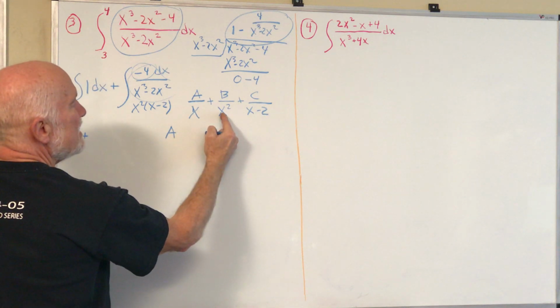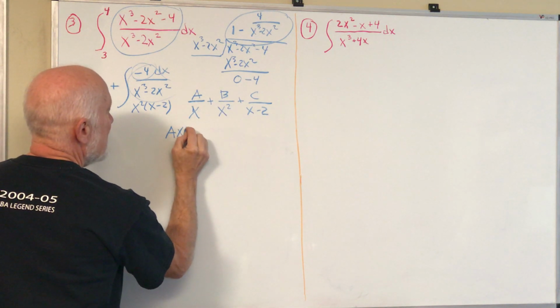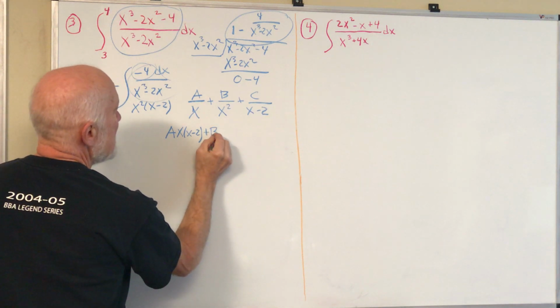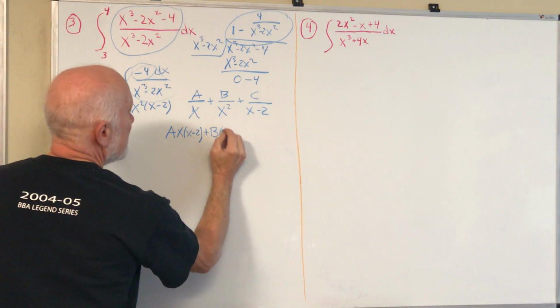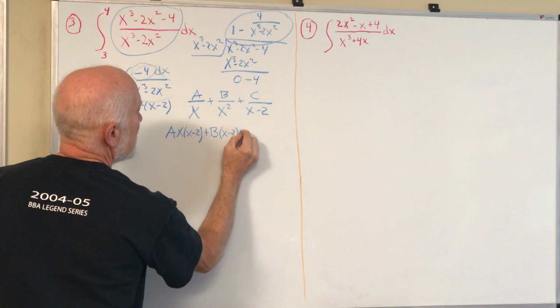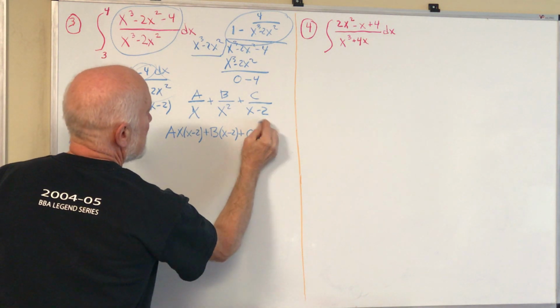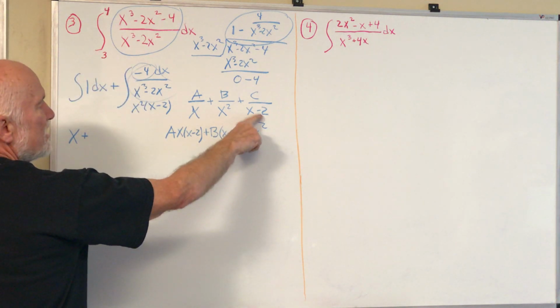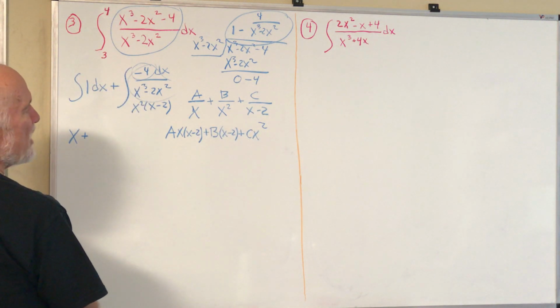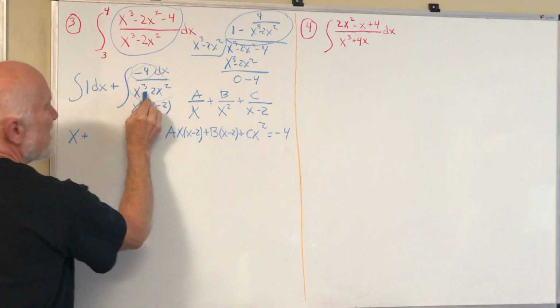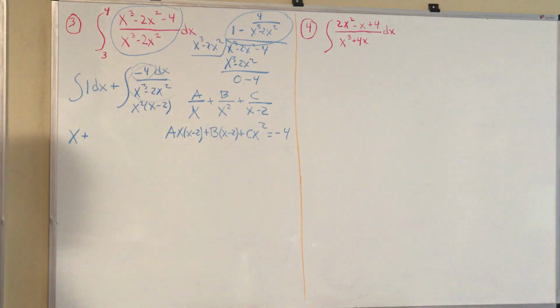A is missing one of the x's and an x minus 2. B is missing just the x minus 2 factor. And C is missing both of the x factors. And we want all of this to equal negative 4. And then they'll have the same denominator.